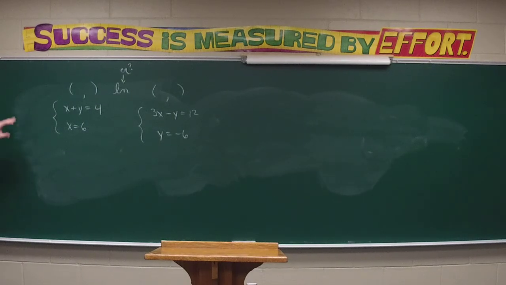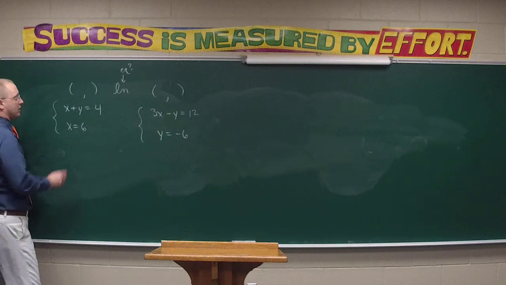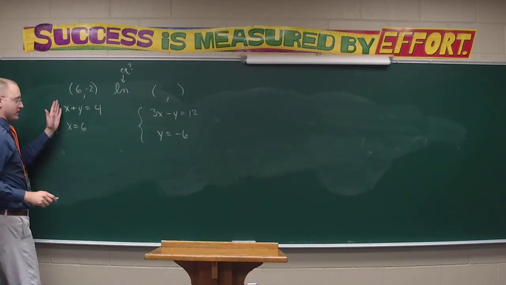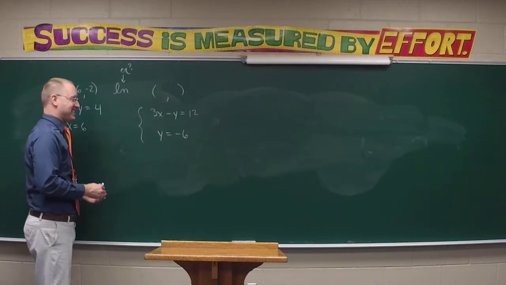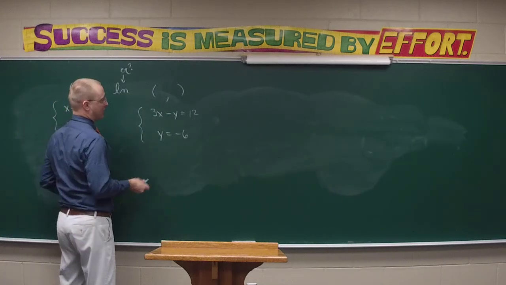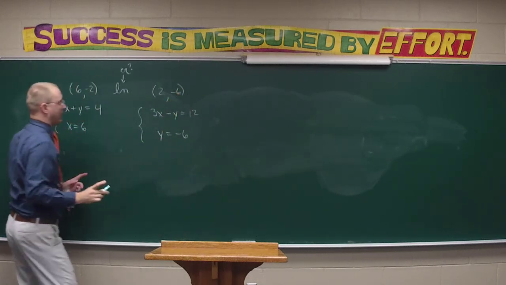What's the point of intersection for the first system, class? (6, -2). Just plug in the 6, you get the -2, boom, we're done. What's the point of intersection for the second equation going to be, class? (2, -6). All right.